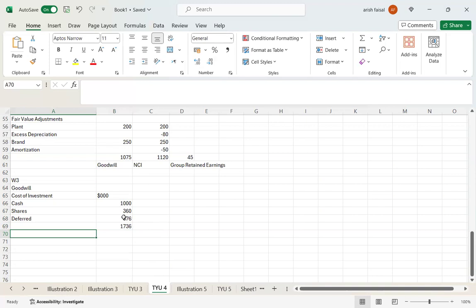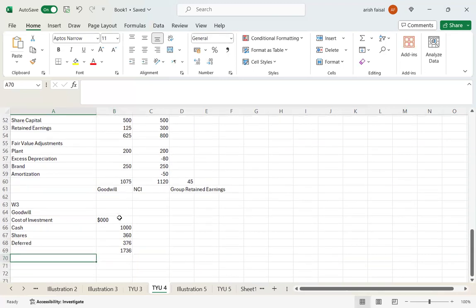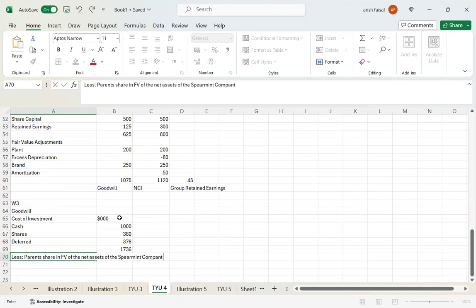And now, so that's what you have paid for it, right? But what you acquired, the fair value of that net asset is 1075. But you do understand that it's not like the whole company you have acquired, you just have acquired 80% of that, right? So we will say less parent's share in fair value of the net assets of the Spearmint Company at the date of acquisition.